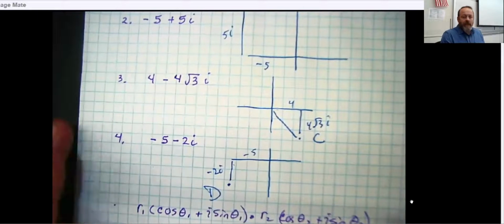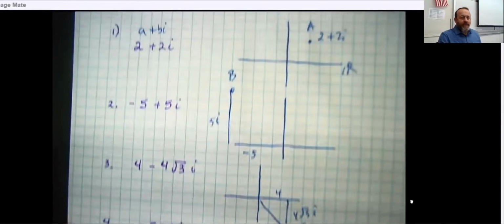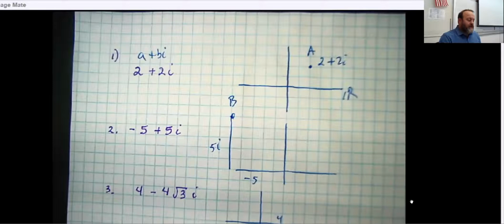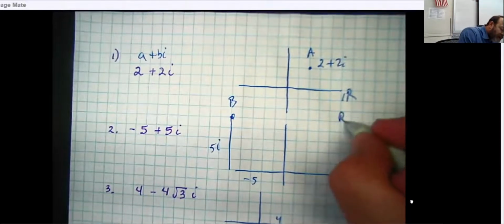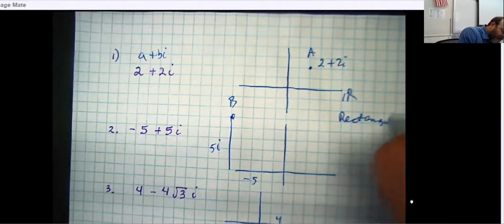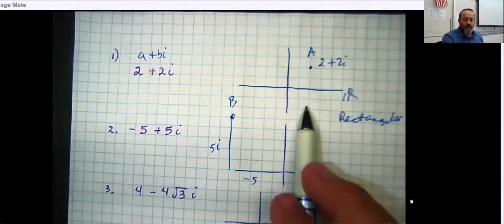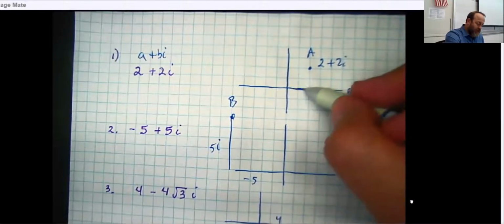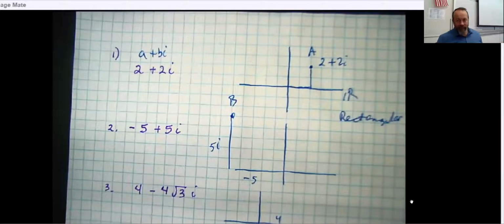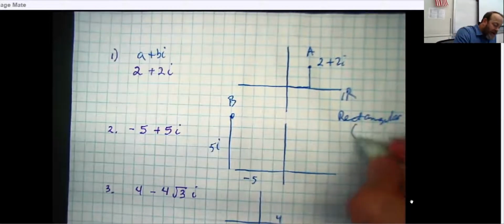Now, one of the things about these points, if we look at them critically, these are all what you would consider rectangular in terms of their posture, because I went over 2, I went up 2. So what we have is very clearly almost a style of an XY kind of thing.